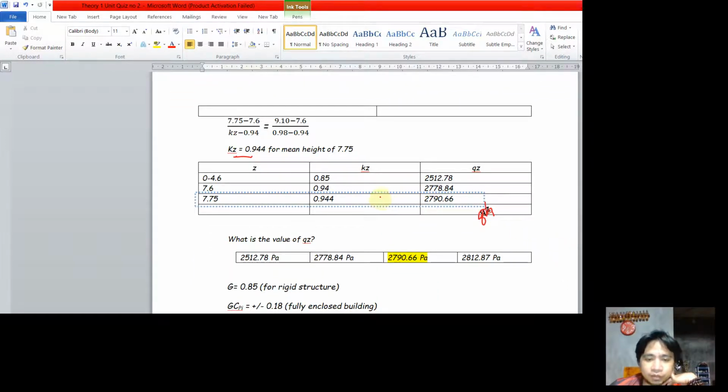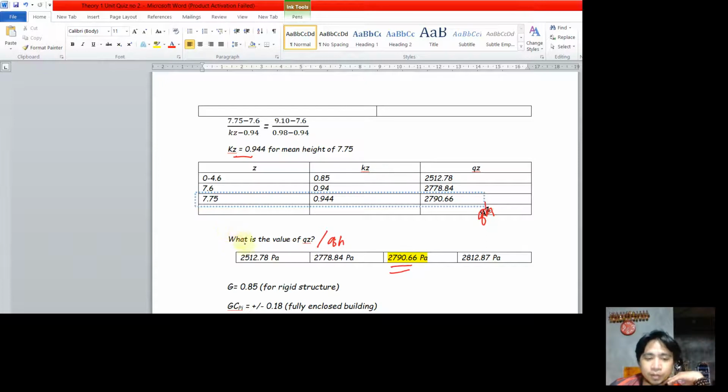Therefore, what is the value of QZ? We adopt this 2790.66, or this should be indicated as QH. So this is the answer for this question.